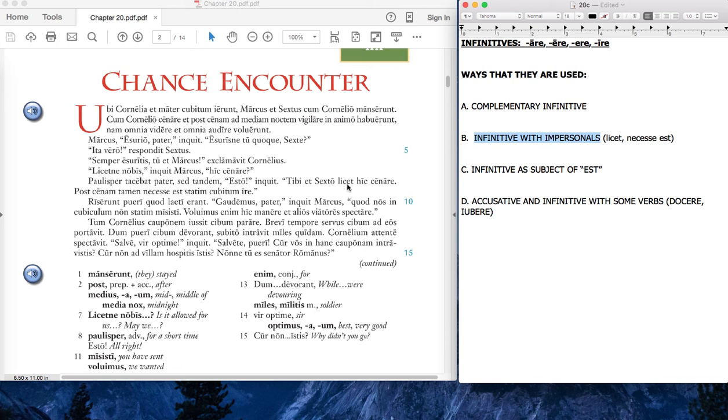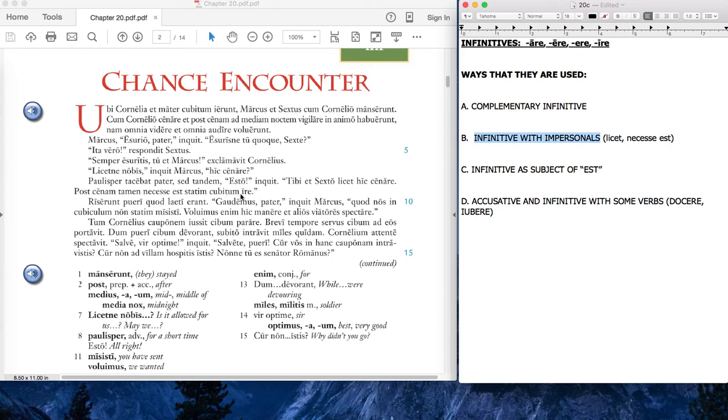Well, here we got another one. Tibi et Sexto licet hic cenare means, Cornelius says, okay, it is allowed for you and for Sextus to dine here, to eat here. So again, that completes the sense of licet. So that would be another infinitive with an impersonal verb. And yet again, after dinner, however, it is necessary to go to bed immediately.